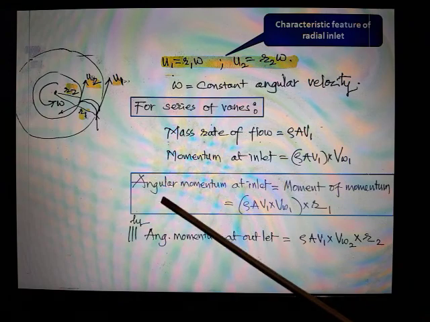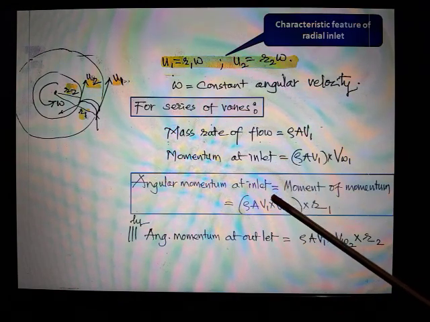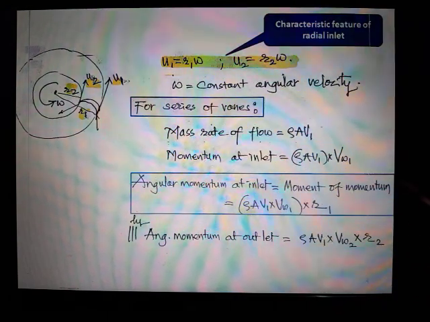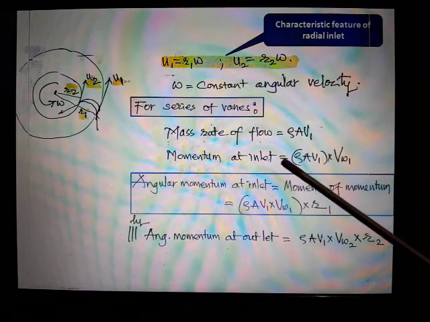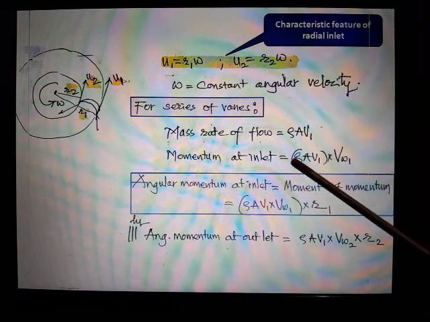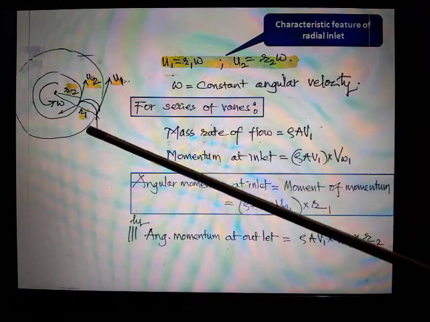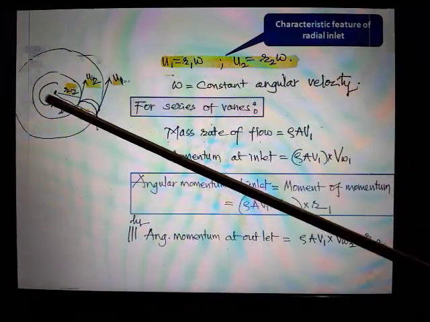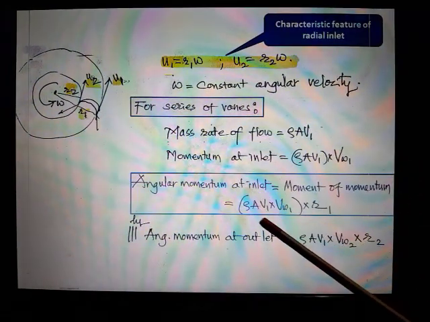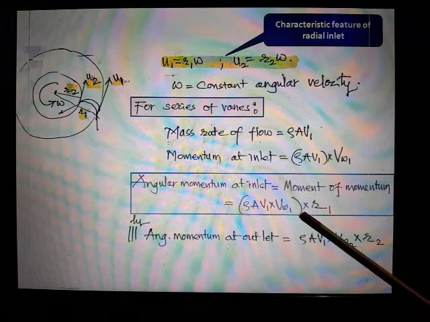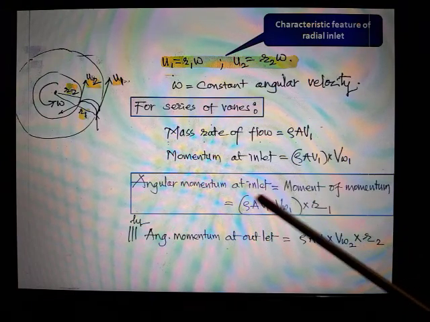Now what is angular momentum? As you have seen earlier, it is moment of momentum. So moment of this particular rho a v1 vw1, which is going that way, is multiplied with r1. So rho a v1 vw1 multiplied by r1. This gives you angular momentum at inlet.